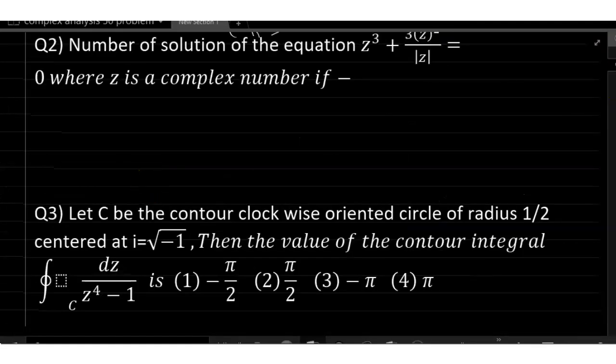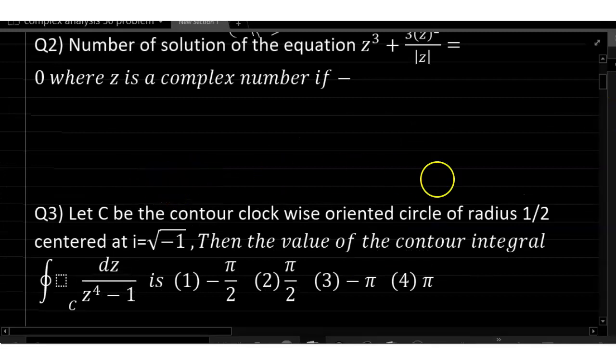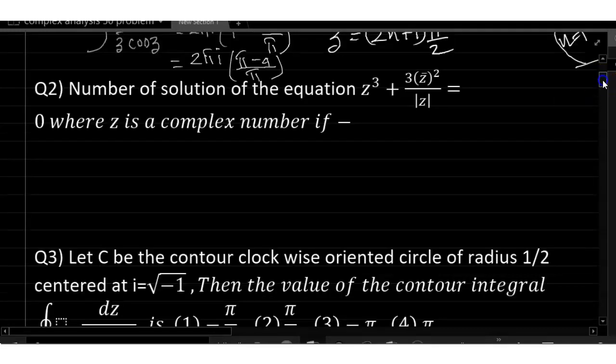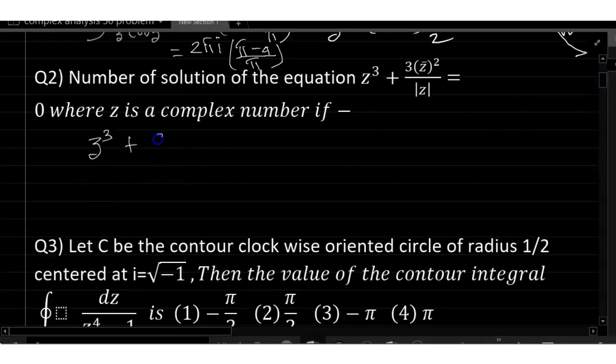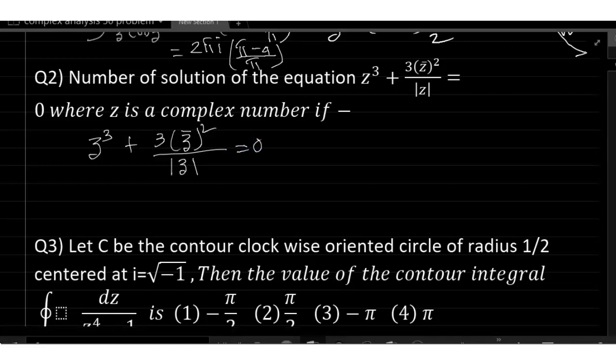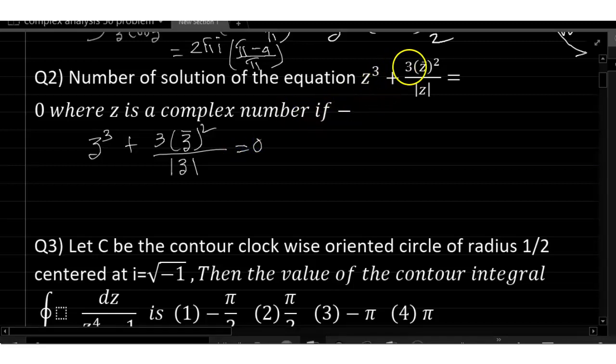The next problem is the number of solutions of the equation z³ + 3|z̄|²/|z| = 0. So take z = r e^{iθ}.